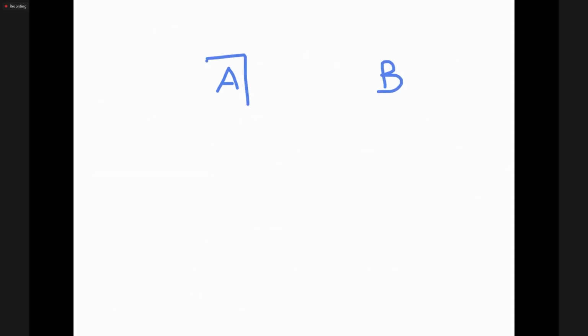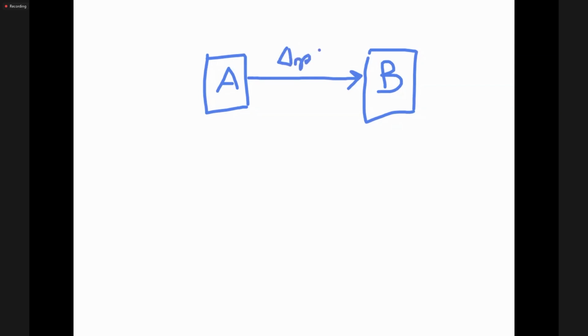We have A and we have B. These are two independent states, and we have to go from A to B. There can be several ways to go from A to B. One is the direct route, and for the direct route, the reaction enthalpy is termed as del RH.